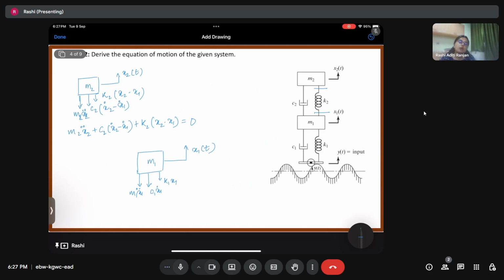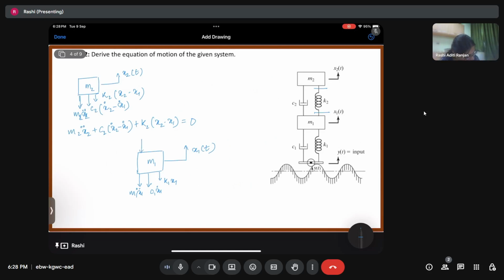Now the above spring and dashpot are also going to apply a force. So considering that K2 is in compression, it will apply a force in the downward direction, but now on the opposite side. See, if you look at the mass M2, we have K2 into x2 minus x1 in the downward direction. So it will get applied in the upward direction for mass M1. If I take the negative of it and point it downwards, it will simply become K2 into x1 minus x2. Okay, this is very simple.